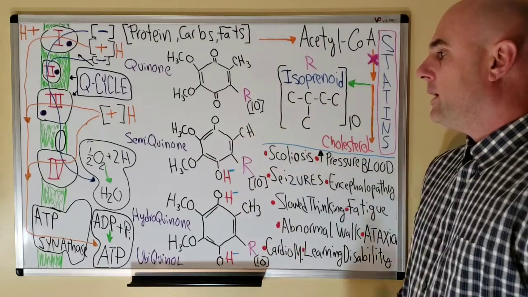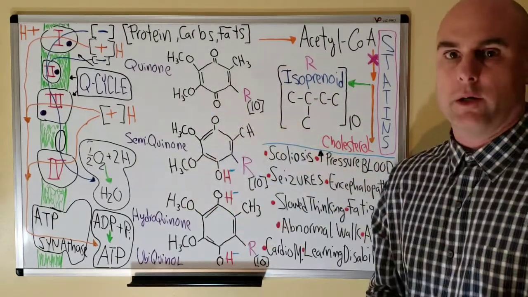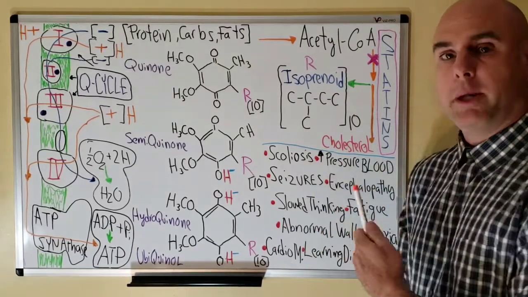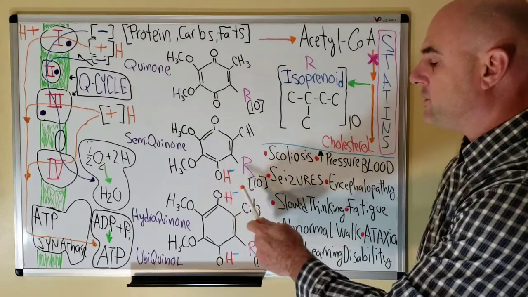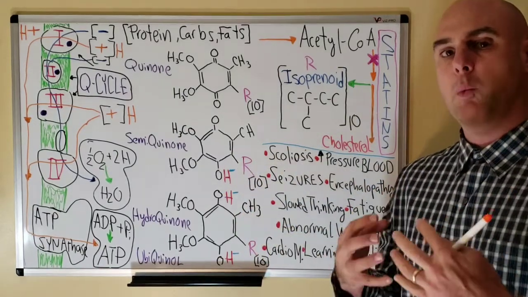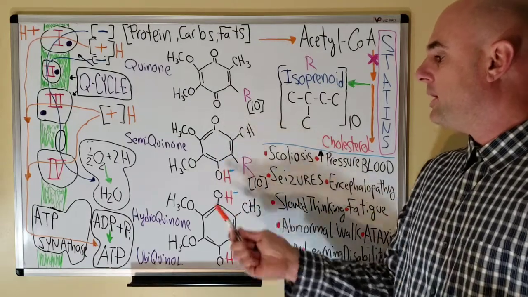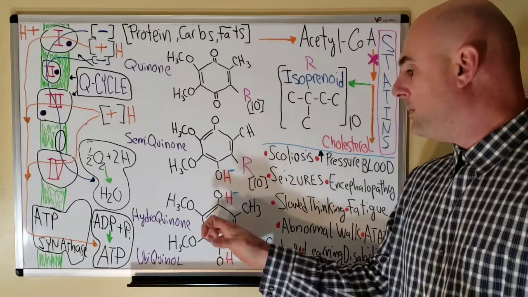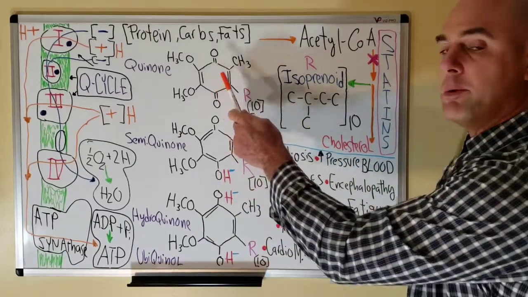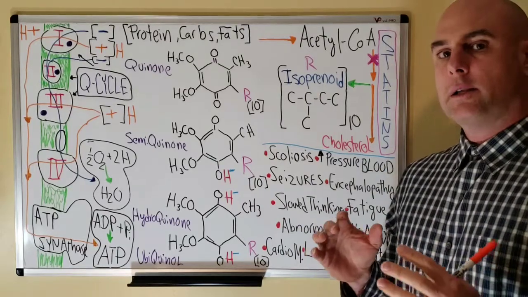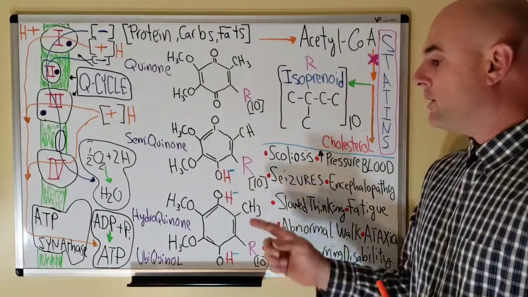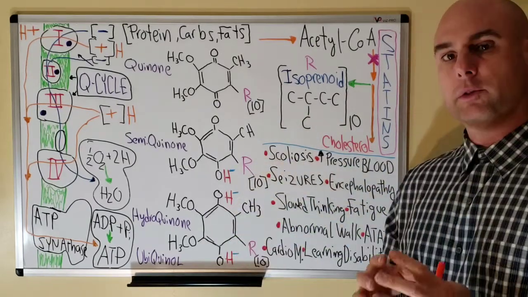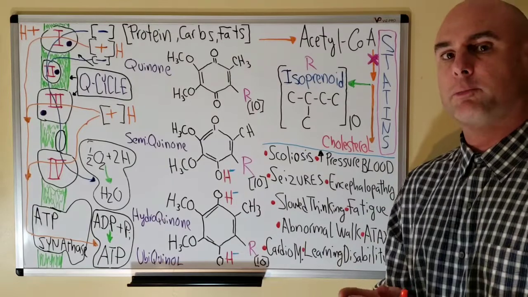Now, this second structure here is a semiquinone, so it's partially reduced, meaning it has been attached by one electron. And this has the ability to attach 2 electrons here as a hydroquinone, and that would be completely reduced. So again, this is completely oxidized, with no additional electrons attached to it. Partially reduced means it has 1 electron attached to it, and completely reduced means it has 2 electrons bound to it.